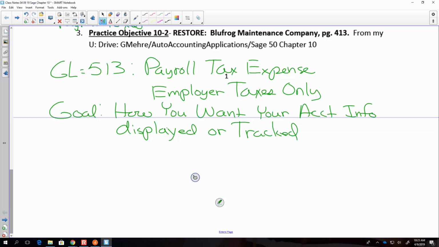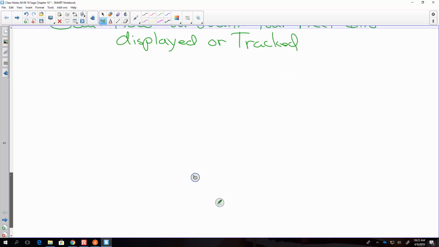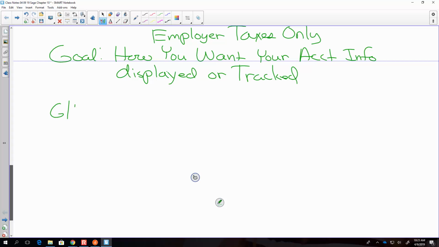Now, what do you think 218 is, guys? The payroll tax. Yeah, 218 is payroll taxes payable.